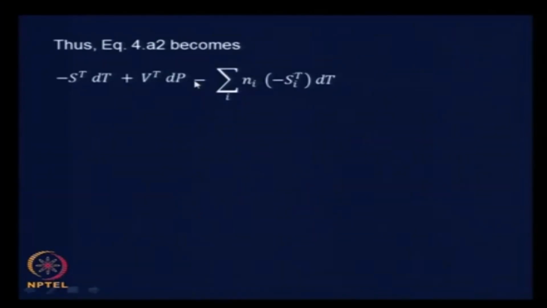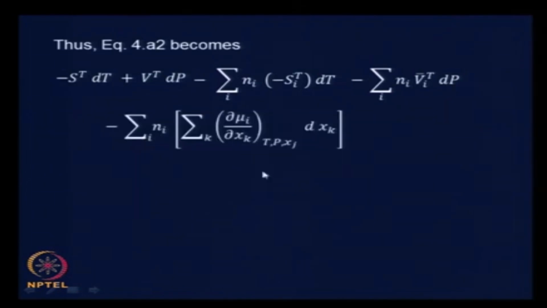So, the third term was minus sum over Ni of minus Si bar dT, and the fourth term, from the other reciprocity relationship, minus sum over Ni Vi bar dP, minus, writing this in terms of our compact mole fractions, sum over i Ni sum over k dou mu i by dou xk at constant T, p, all other xj's, dxk, of course equals 0.